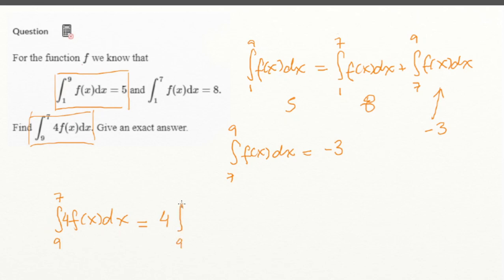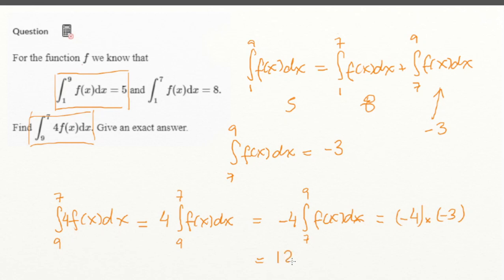So this is 4 times the integral from 9 to 7 of f(x) dx. So now we can make this negative. So this will be negative 4 times the integral from 7 to 9 of f(x) dx. And we know that one. We know that this is negative 3. So this is negative 4 times negative 3. And if you multiply those two, since both are negative, then you get 12.